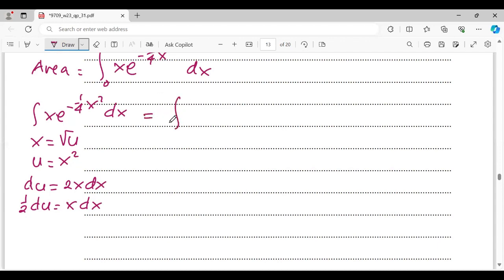So it means this integral becomes half e power minus quarter u du. It becomes e power minus a quarter u du.